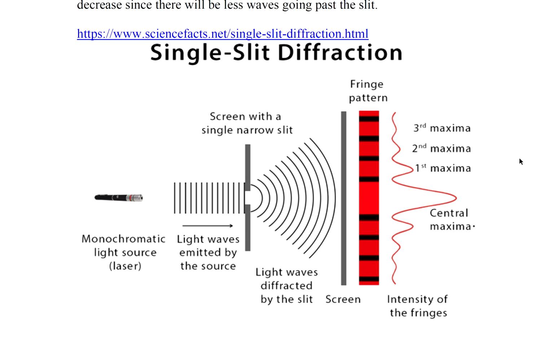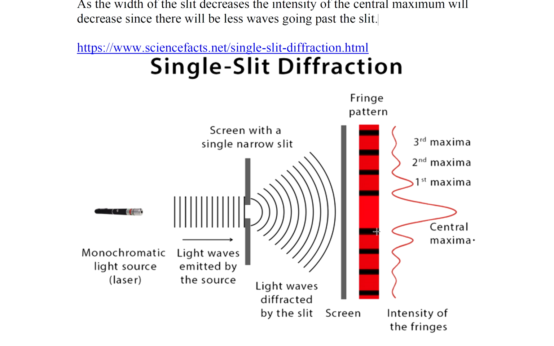The central maximum is where we get constructive interference. You see this red part here. Then you see this black spot. That's called the destructive interference, or a minimum. Then you get another central maximum. Then you get destructive interference, then constructive interference.